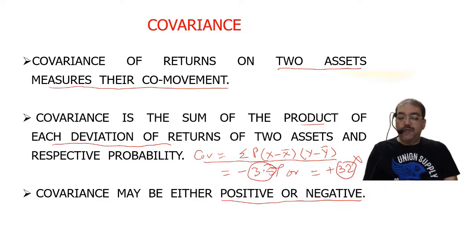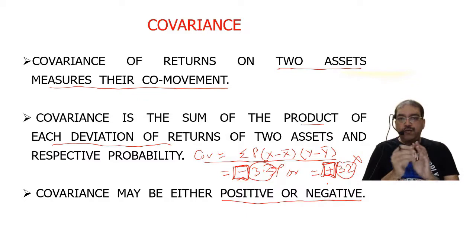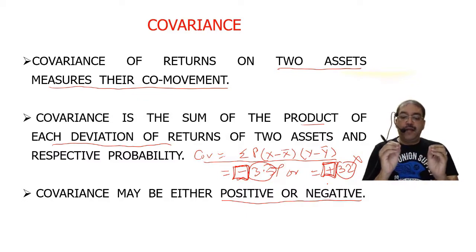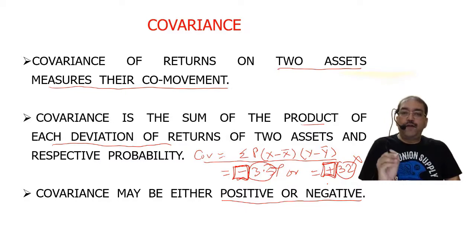I am concerned with the sign. Negative sign, positive sign. I am not concerned with what the digit is after that. I am just concerned with the sign. And therefore I am saying that covariance may be either positive or negative. I am not discussing the value at all with you. Okay? Now let us see what is the meaning of a positive covariance and what is the meaning of a negative covariance.